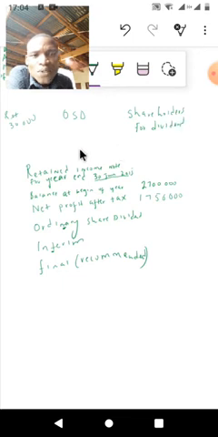They are two separate things. We have ordinary share dividend, and we have shareholders for dividend. What we are looking at now is ordinary share dividend, which is the one that affects our retained income. And we are saying ordinary share dividend is the interim and the final.